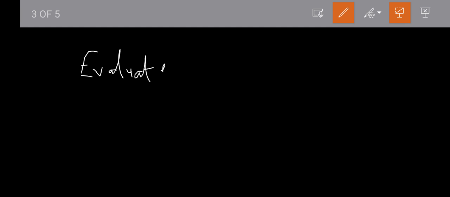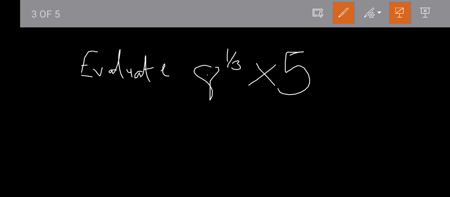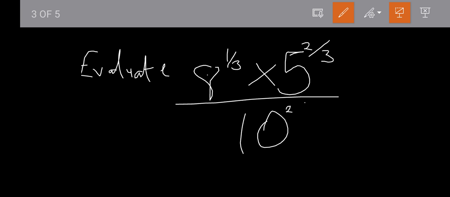Let's say we're asked to evaluate 8 raised to the power 1 over 3 times 5 raised to the power 2 over 3 divided by 10 raised to the power 2 over 3.